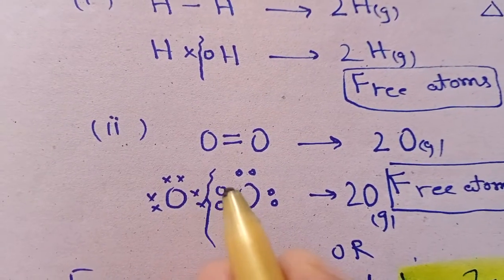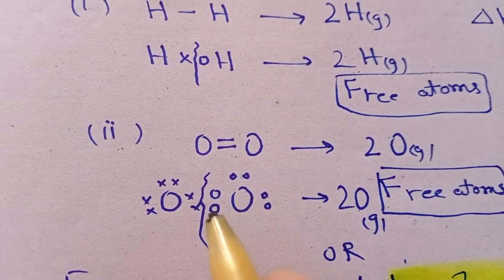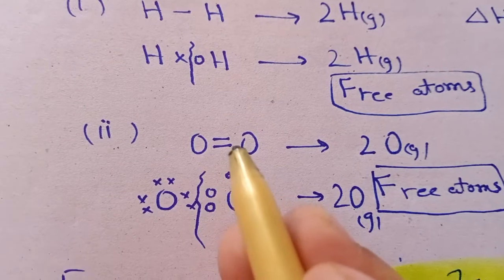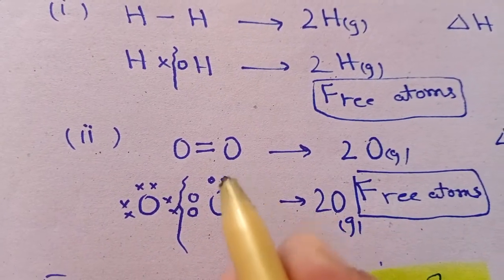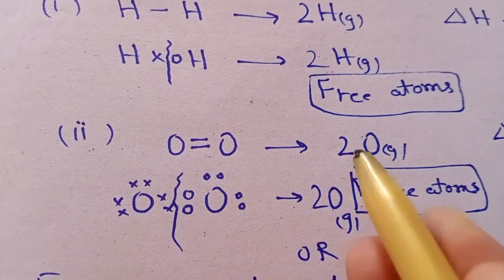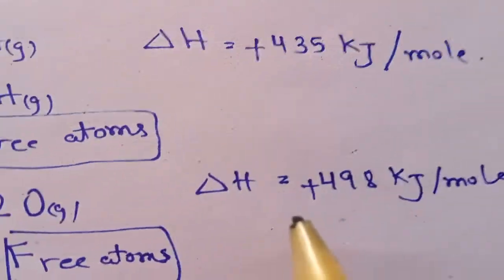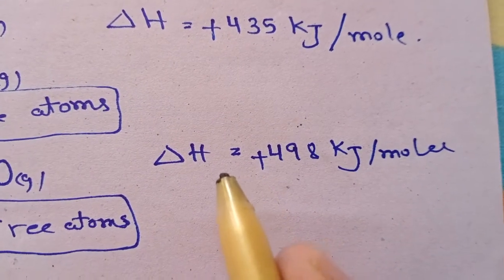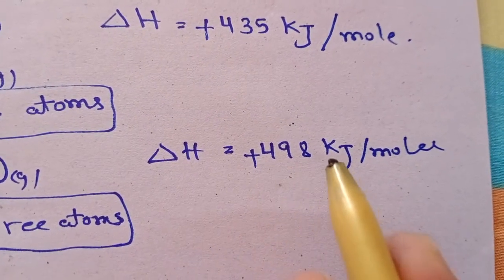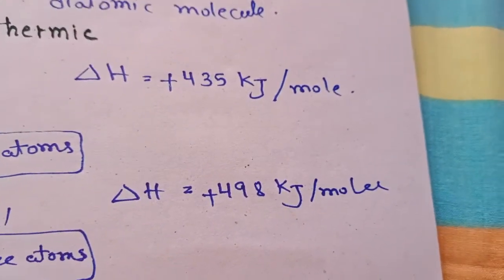So oxygen shares two electron pairs with another oxygen atom, and it forms a double covalent bond. Here we break this double covalent bond, and we get two atoms of oxygen. For this process we need 498 kilojoule per mole. Kilojoule per mole is a unit of energy.